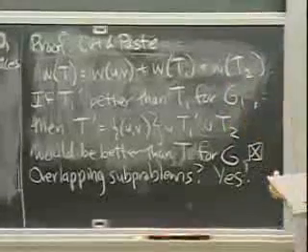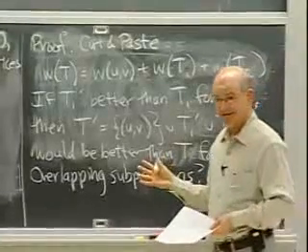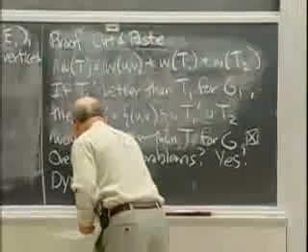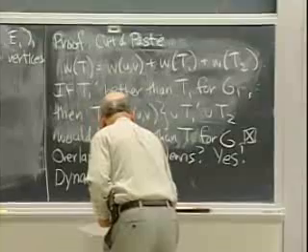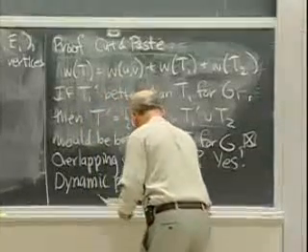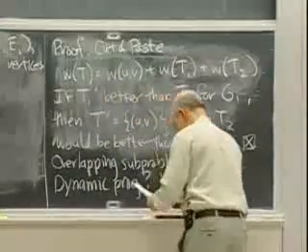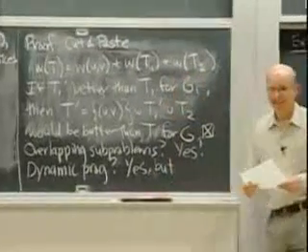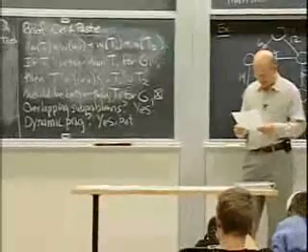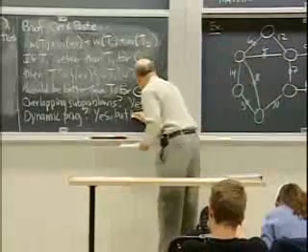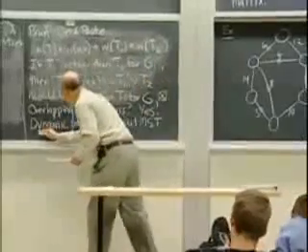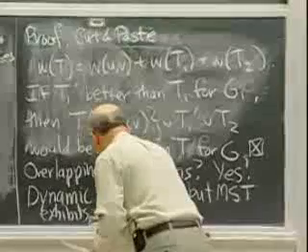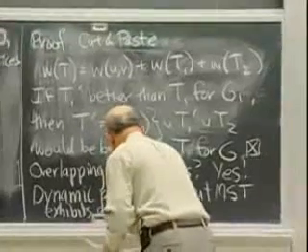Okay. So what does that suggest we use as an approach? Dynamic programming. Good. What a surprise. Yes, you could use dynamic programming, but it turns out that minimum spanning tree exhibits an even more powerful property.